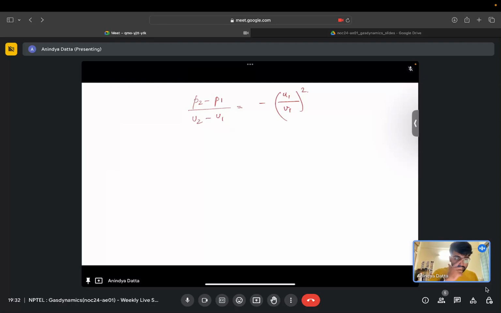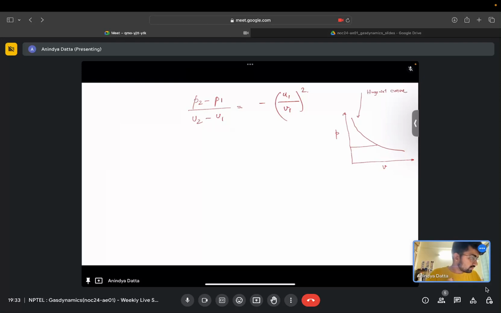As we have seen, the Hugoniot equation relates the upstream and downstream properties of the shock in terms of thermodynamic quantities only. So no velocity or Mach number comes in there. You get a curve like this in P and V. This is your Hugoniot curve.